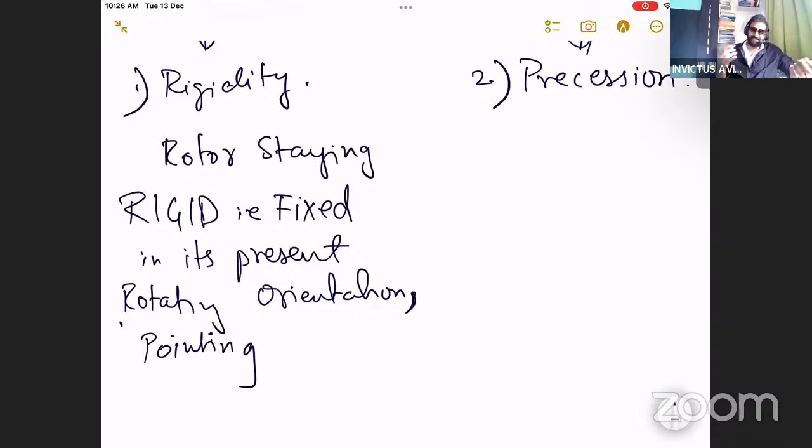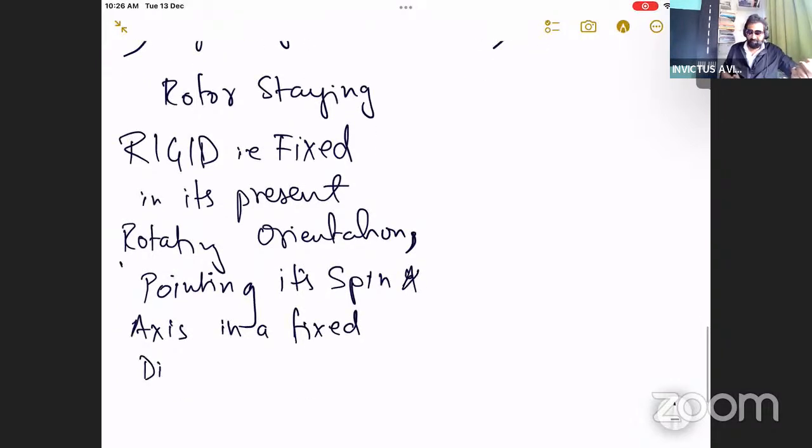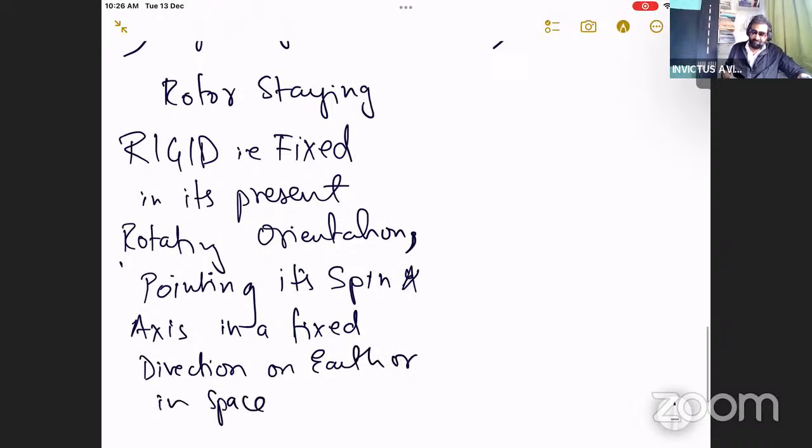Comma, rigid, that is fixed in its present orientation, pointing its spin axis in a fixed direction on Earth or in space.